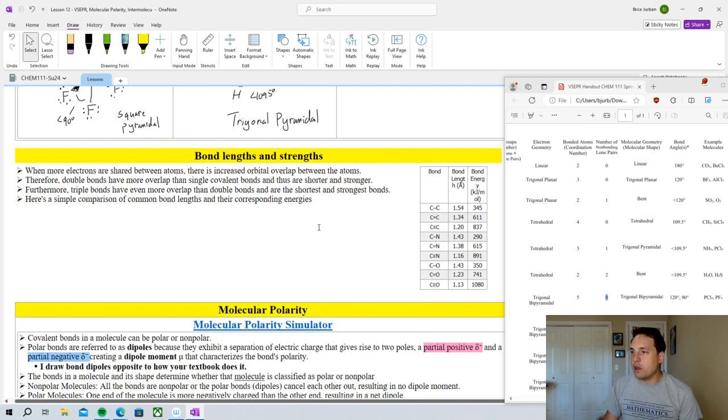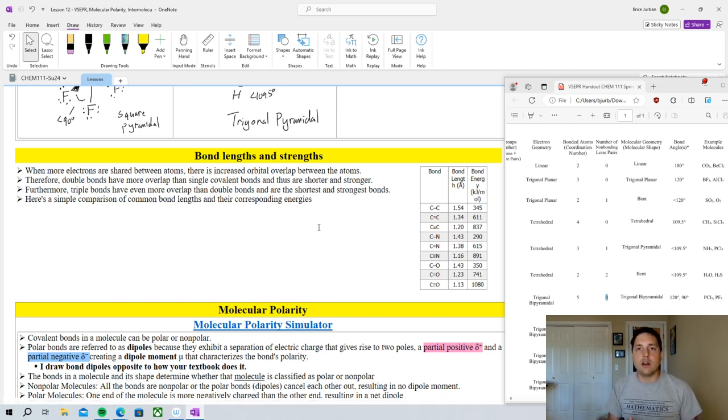When we think about the length of a bond and the strength of the bond, the length and the strength are going to be inversely proportional to each other. And it depends on how many electrons are shared between the two atoms. The more electrons that are shared between the atoms, the more orbital overlap those atoms are going to have.